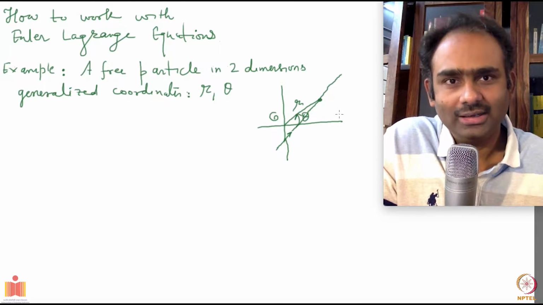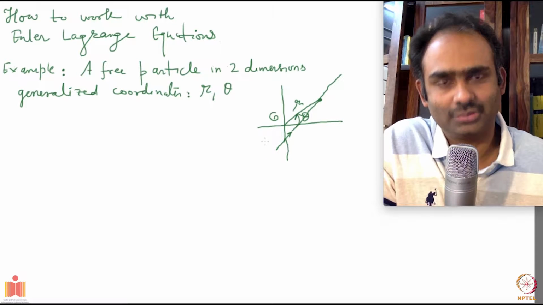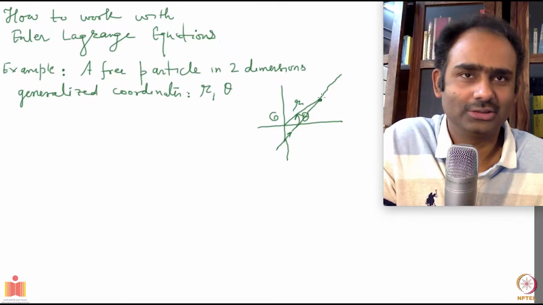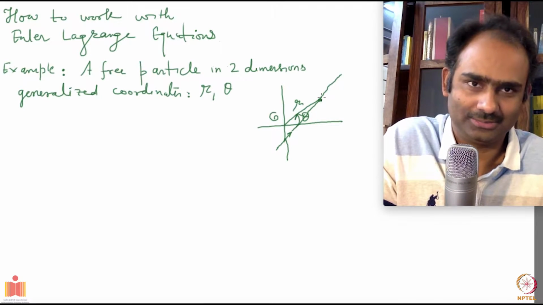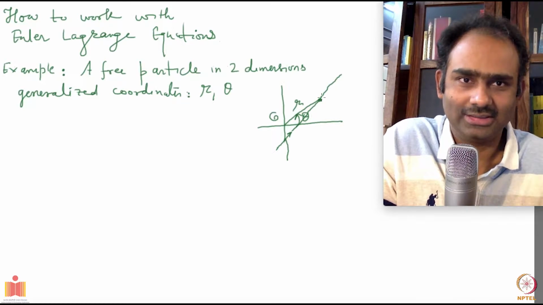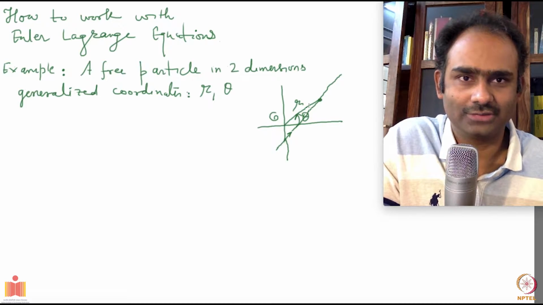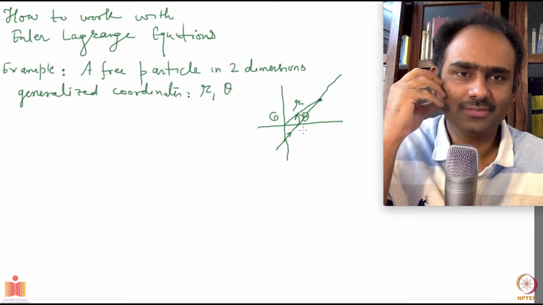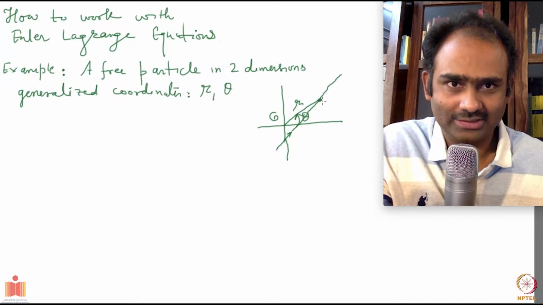If you had fired it radially outwards, going through the origin, then clearly the angle will not change, and it will have only the radial velocity. But because you have fired it not through the origin, but from some distance away from the origin, it will have an angular velocity, because you see the angle will keep changing. When it's here, this is the angle.